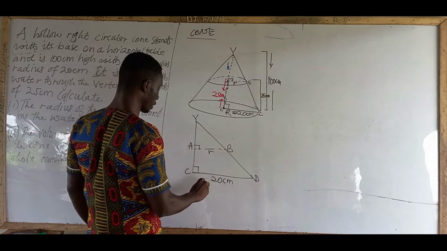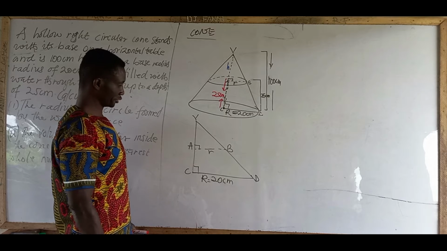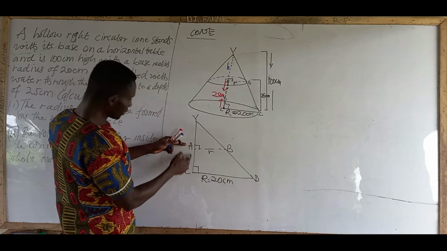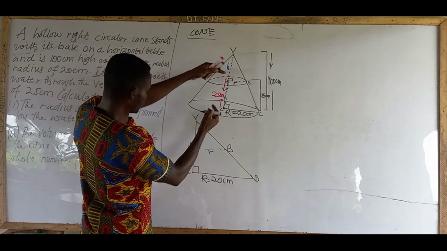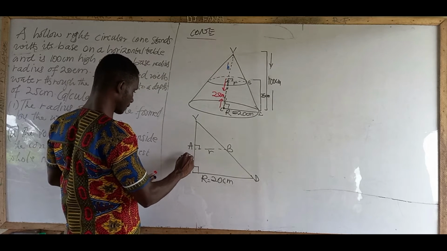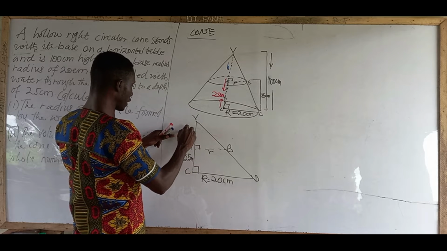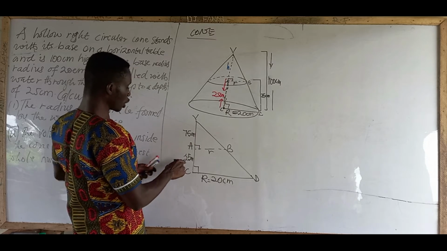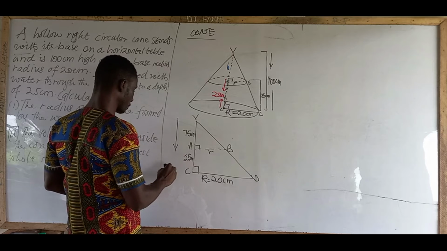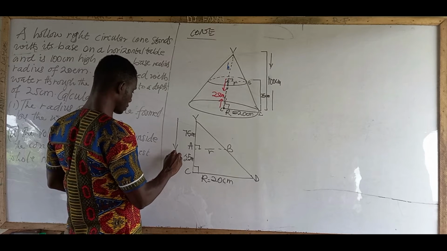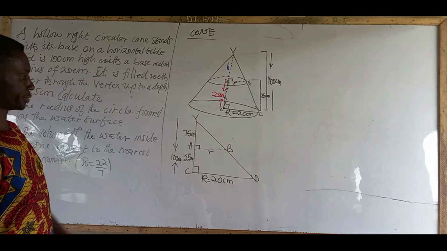So I'll write small r, and this capital R. From V to where the water was filled up to is 25 centimeters. From this place to that place will be 75 centimeters, because you subtract 25 from 100 and get 75, and the whole height is 100 centimeters.